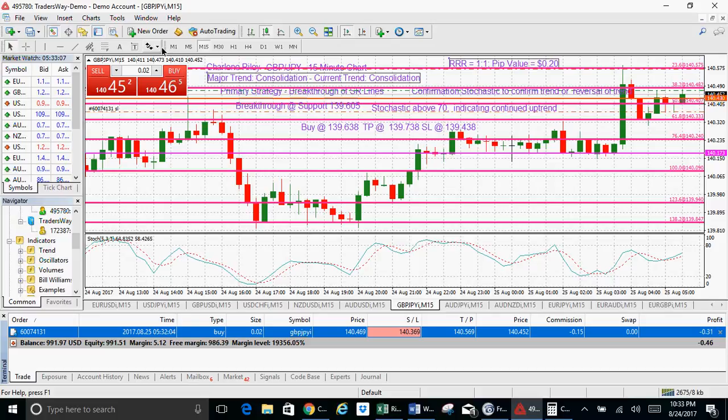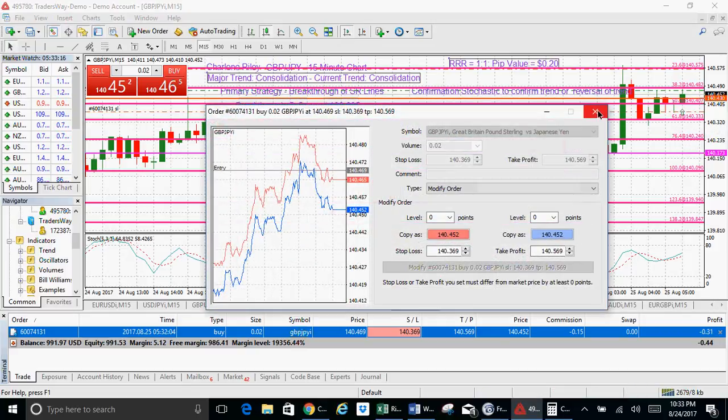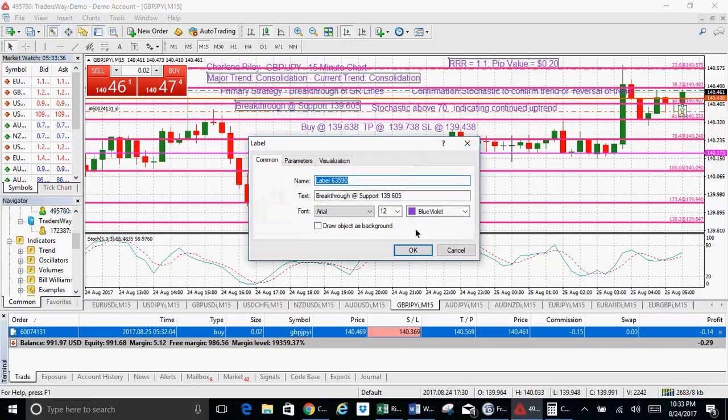So let me put my arrow in to show where I got into the trade. And update my labels.